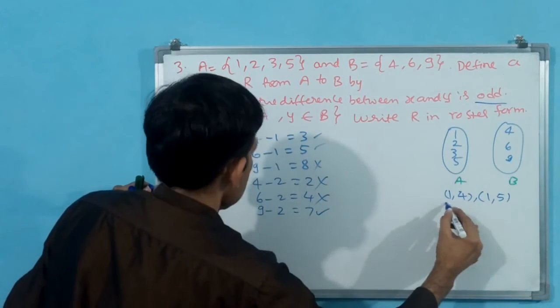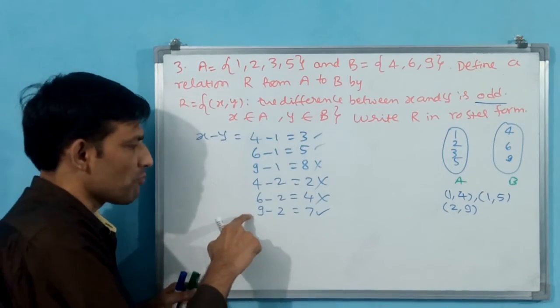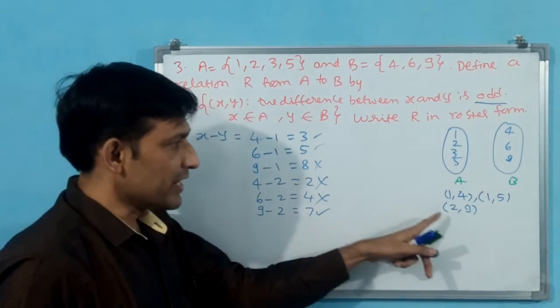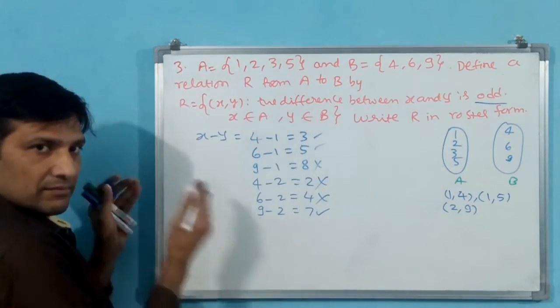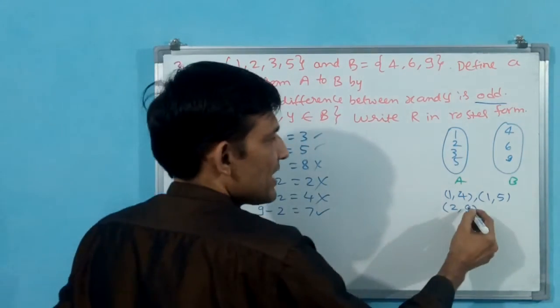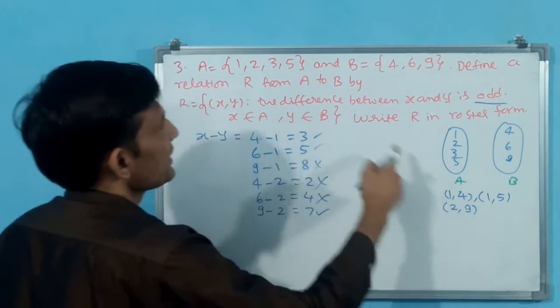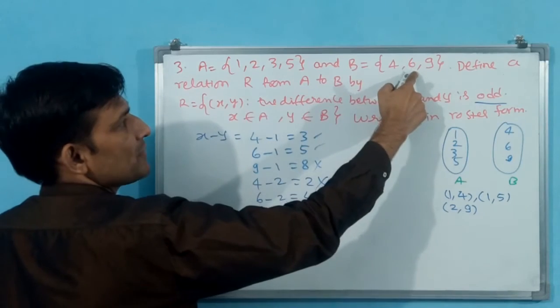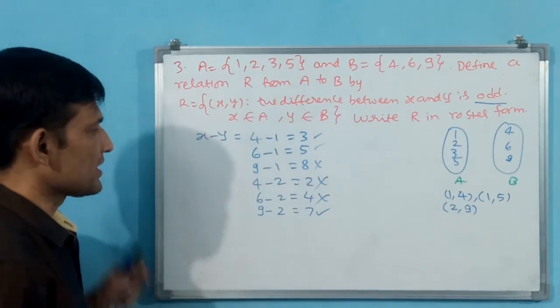That is why here 2 comma 9 will come. See here, you may be subtracting 9 minus 2, but the relation should come as 2 comma 9 only. Why? Because x is from A, y is from B. Here x is 2, y is 9. Okay, B should be from y. That you have to understand.